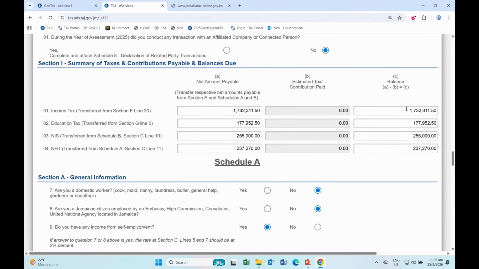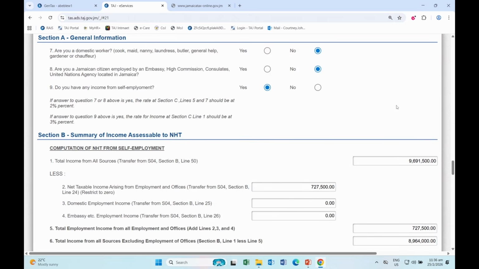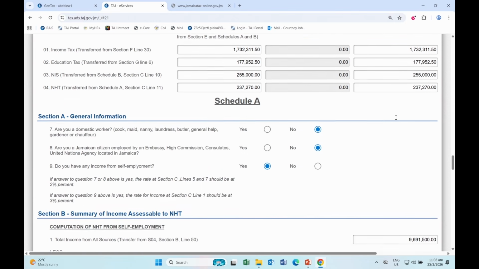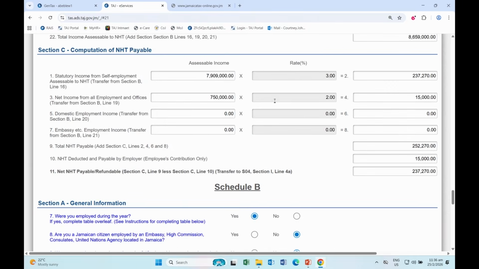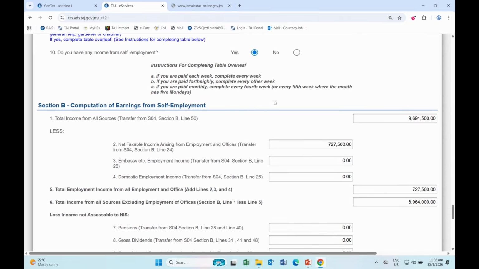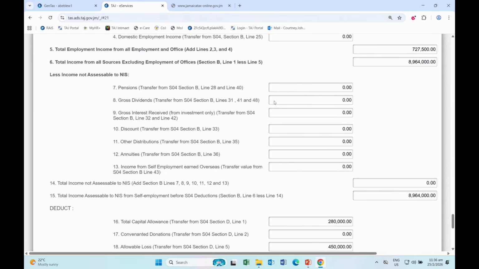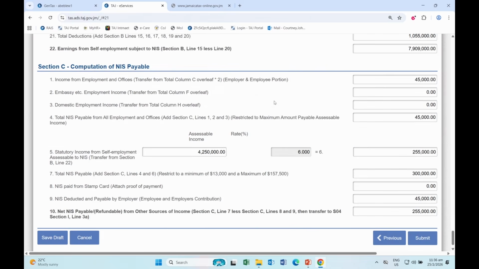So basically the return is complete. The Schedule A and Schedule B is what follows, and it just shows the breakdown of how the calculations would have been done for each of them. And so we can go ahead and submit this.